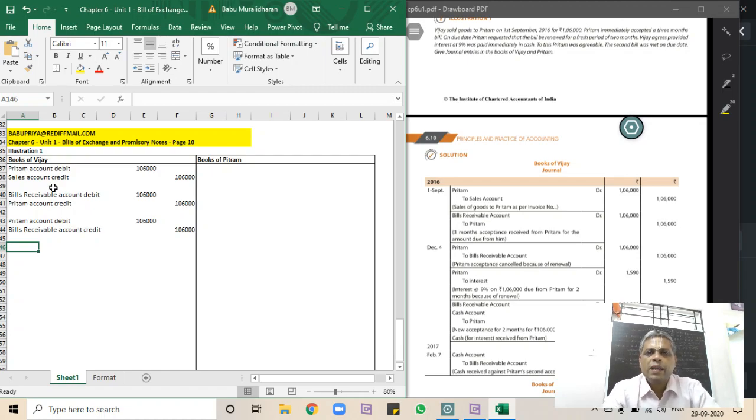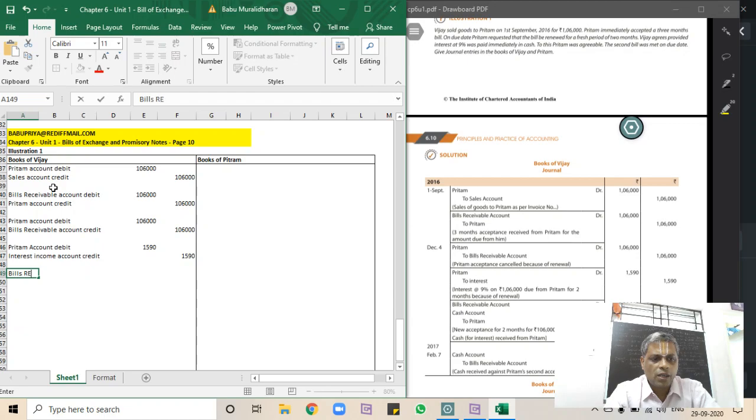So interest being an income, we have to debit Preetham account because Preetham is the debtor for interest, and credit interest income account. Interest income is 1,590 and 1,590. Now, then a fresh bill is drawn.